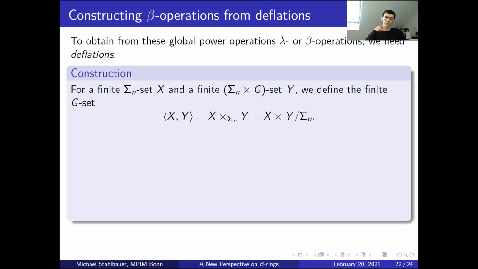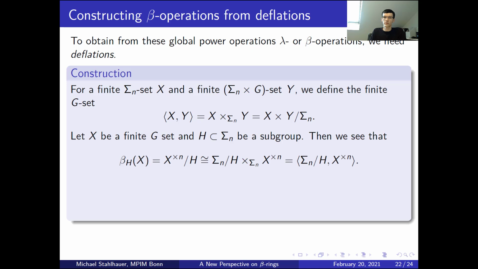So this uses so-called deflations. So we can consider the following thing. If we have a sigma n set x and a sigma n times G set y, then we can take the balanced product. So we take the product of x and y, and we equate the two sigma n actions on x and on y. And this still has a G action coming from y.